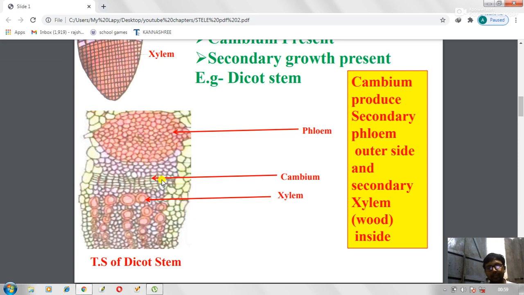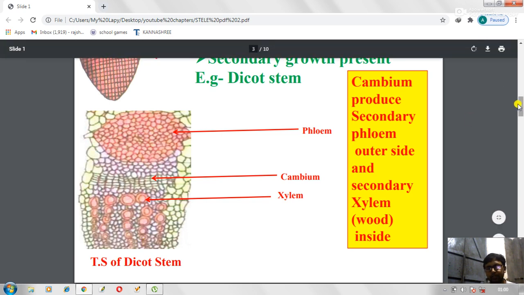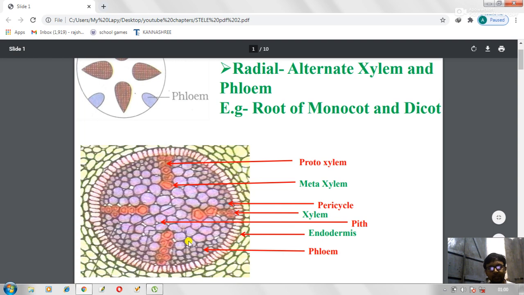So this is a cambium, and if you carefully note, this xylem is opposite to that of the xylem present in a root. Here the smaller xylems, the protoxylems, are present towards the central region in the root, but in the stem the protoxylems, the smaller, firstly formed xylems, are present towards the periphery, not towards the central region.